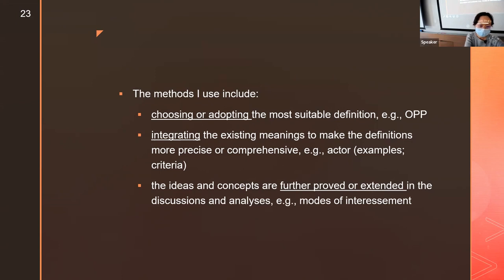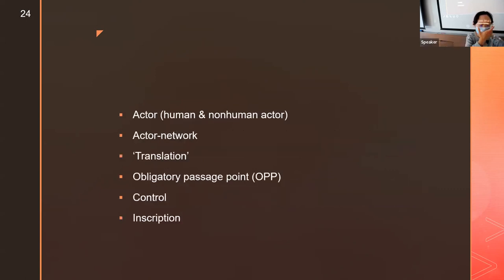So I think the modes identified in my research can supplement or complement the five modes of interessement in Latour's research. And these are the concepts that I adapted and built into the theoretical framework of my research.